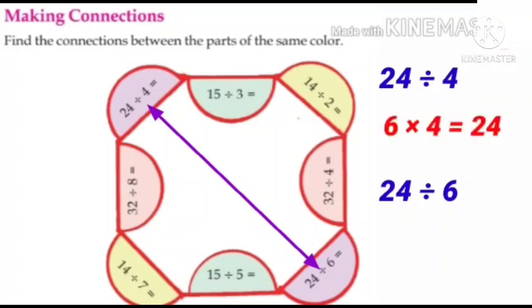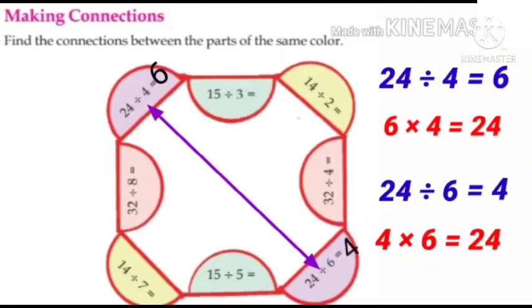So 24 divided by 4 is equal to 6. Here also 4 sixes are 24. So 24 divided by 6 equals 4.